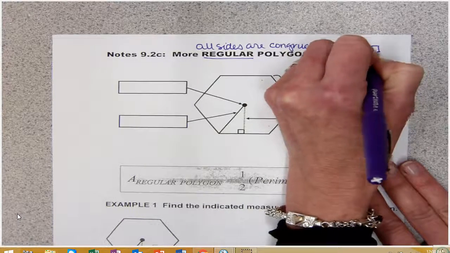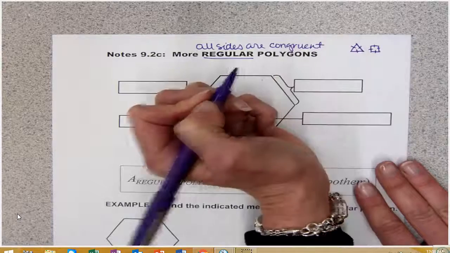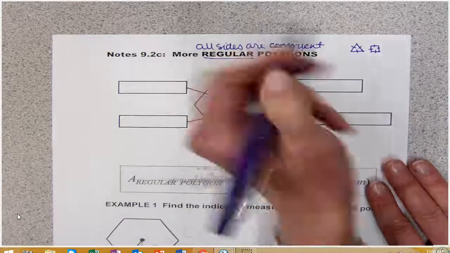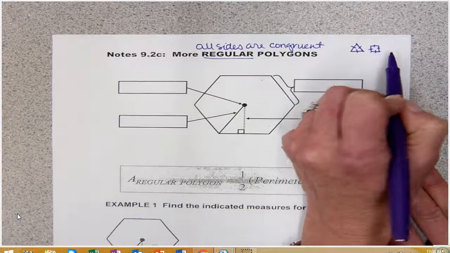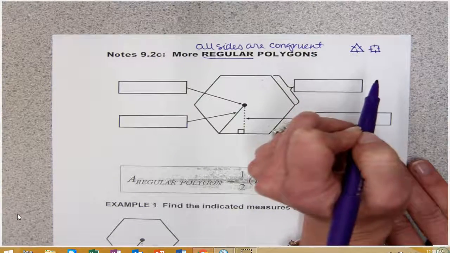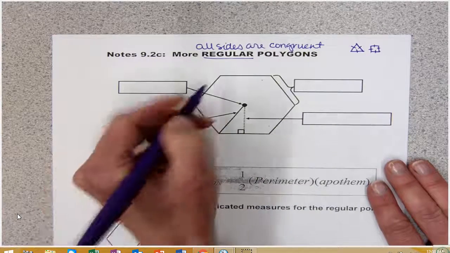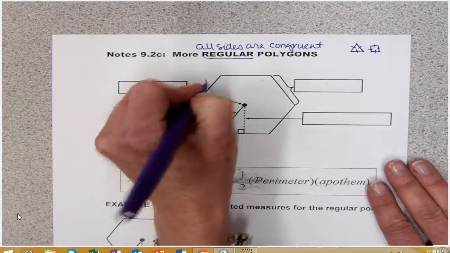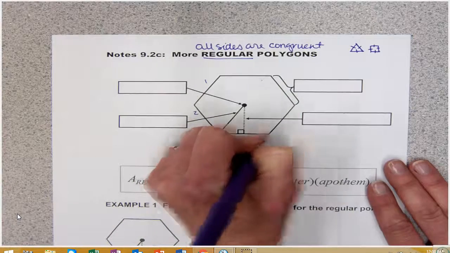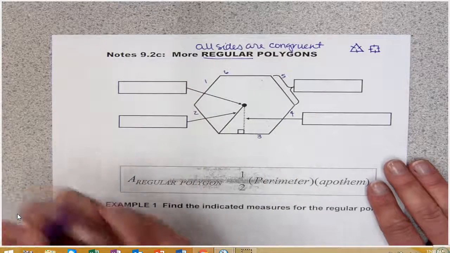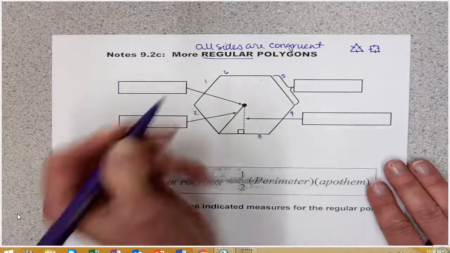A square would be another regular polygon. The rhombus. So those are some. This one, how many sides does it have? 1, 2, 3, 4, 5, 6 sides. So this is a hexagon.